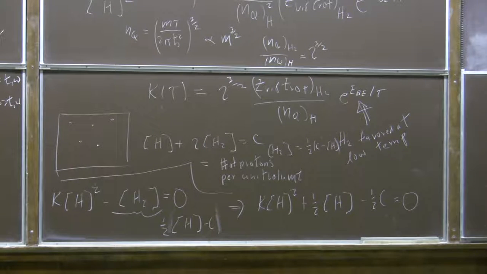Okay, so then I can just solve the quadratic equation and find the concentration of hydrogen atoms, which will, by the quadratic formula, be 1/2K minus 1/2 plus or minus the square root of 1/4 plus 2kc.